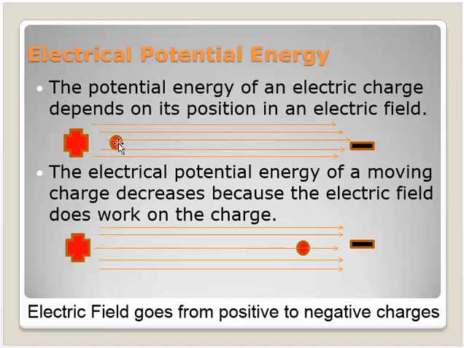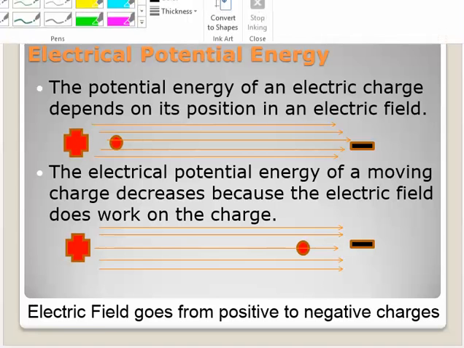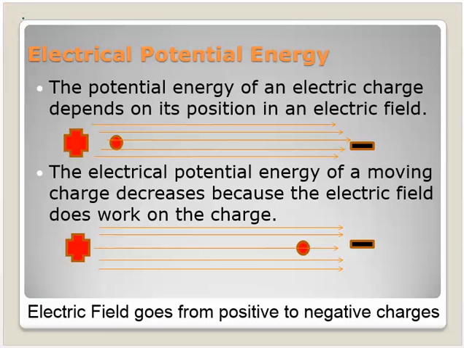Because I'm holding it here, it's got potential energy because it naturally wants to move away from the other bigger positive charge. So there is lots of potential energy in this first example, or we might say high potential energy here.